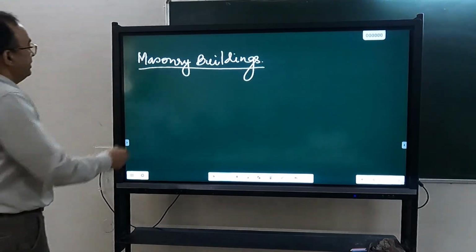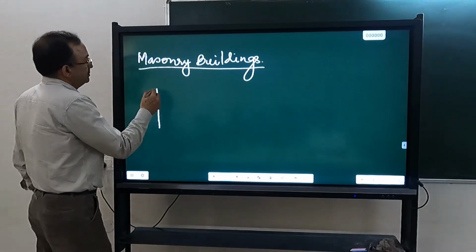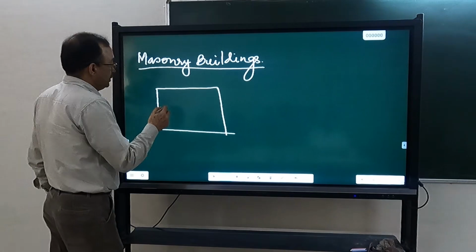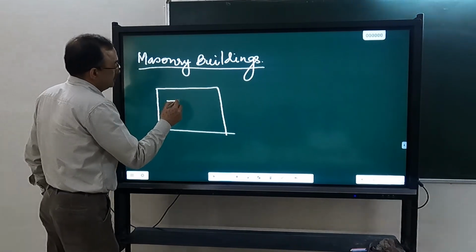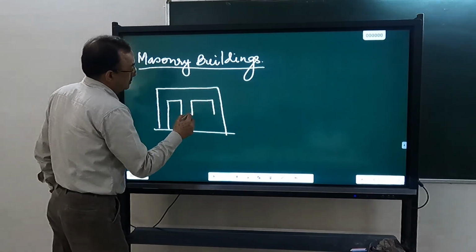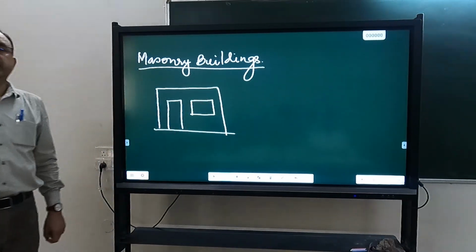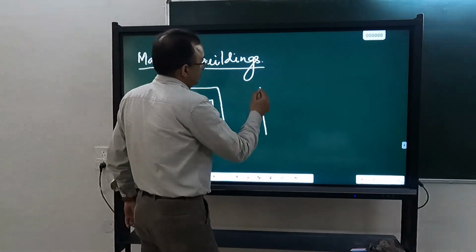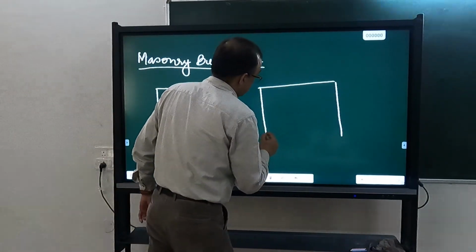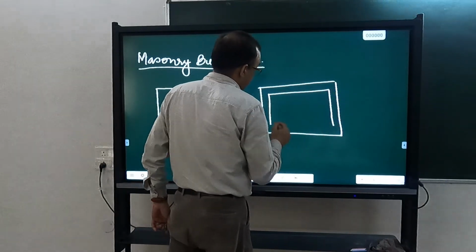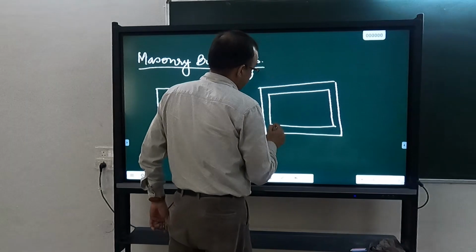Okay, some of you have done a course or are doing a course on masonry buildings. So a typical masonry wall is like this, and in plan the masonry building may be like this.